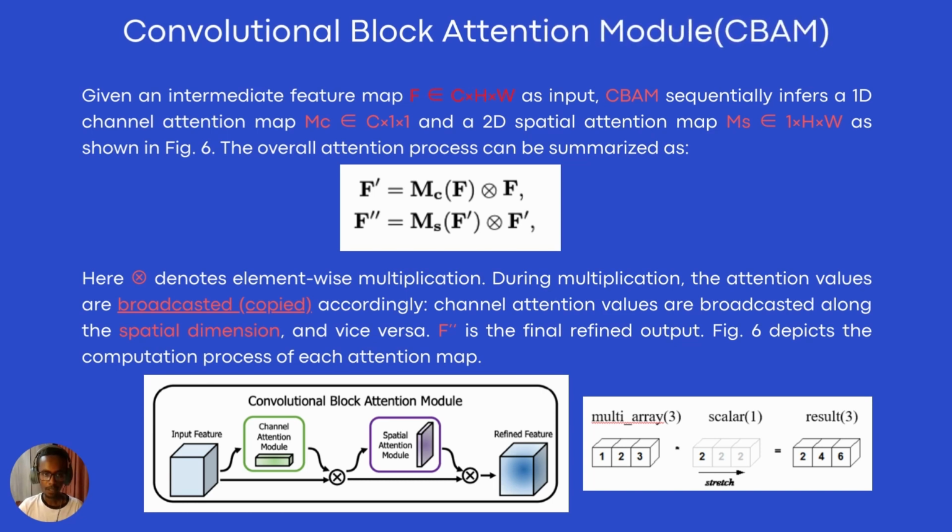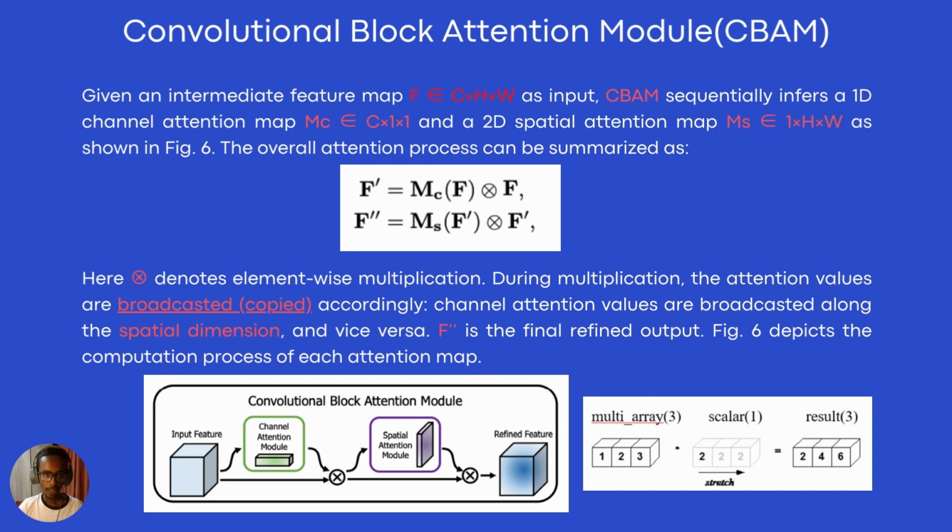So in order to sum up the convolutional block attention module, we perform the channel attention module first. Given an intermediate feature map with dimension H by W by C as input, the CBAM, or the convolutional block attention module, sequentially infers a one-dimensional channel attention map MC.